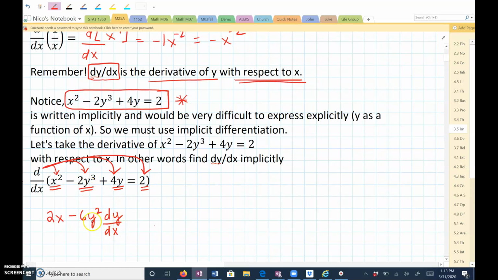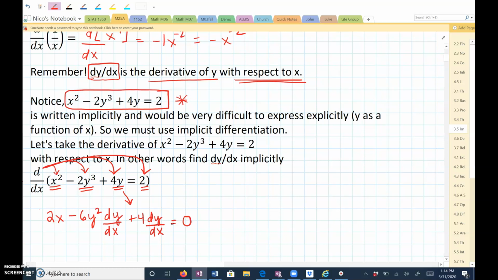This one was the derivative of x with respect to x, which is 1, so we don't really write that. This next one is going to be plus 4, again, you need to do dy dx, because you're taking the derivative of a function in terms of y with respect to x, equals the derivative of a constant, which is 0.